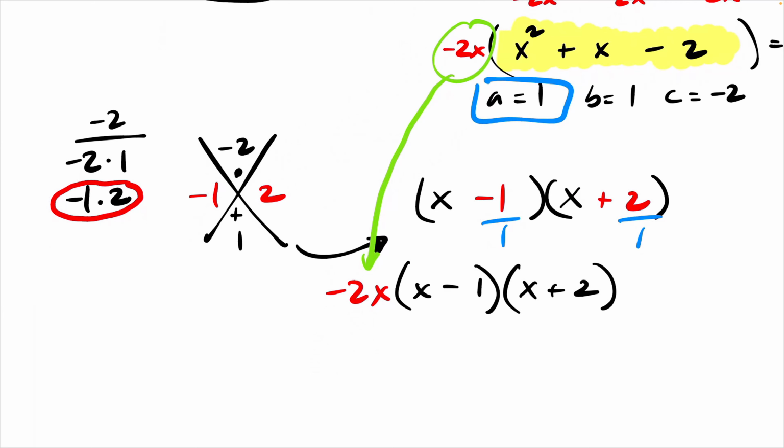Difference of squares, are any of them difference of squares? No. The one in the middle, x minus 1, is close, but it doesn't have the right power. It only has a power of 1.